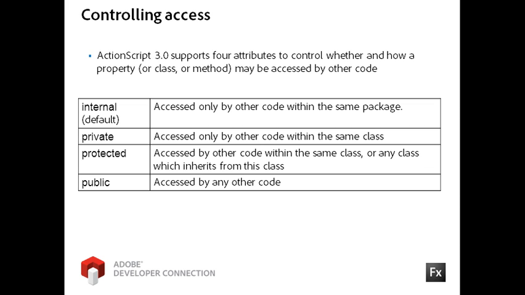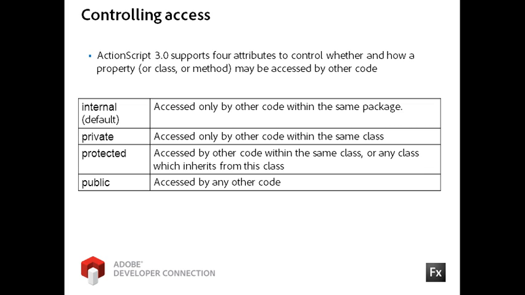For now, simply understand that this means the property can only be accessed by instances of other classes defined in the components directory. A private modifier declares that the property can only be accessed by code in the same class. A protected modifier declares that the property can only be accessed by code in the same class or any class which inherits from this class.